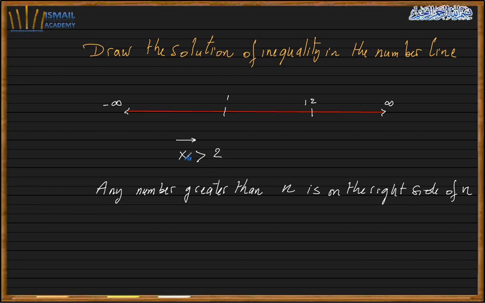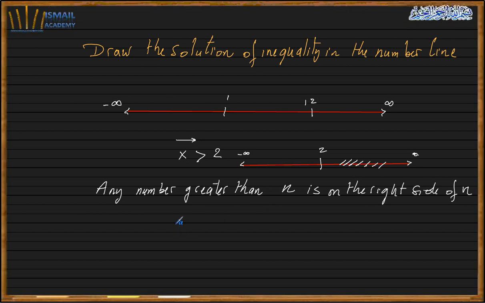So x is greater than 2. That means x should be on the right side of 2. So if I draw my line here for this statement, this is my 2. It can be anywhere. So this is minus infinity, this is infinity. So where is the location of x? Greater than means on the right side. Where's the right side of 2? This is the right side. That means we shade that part.